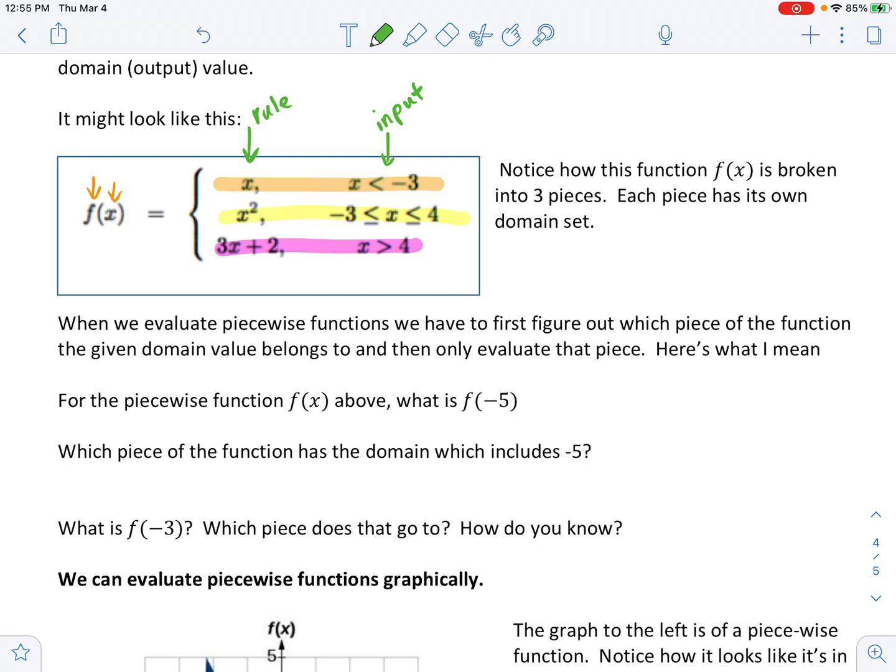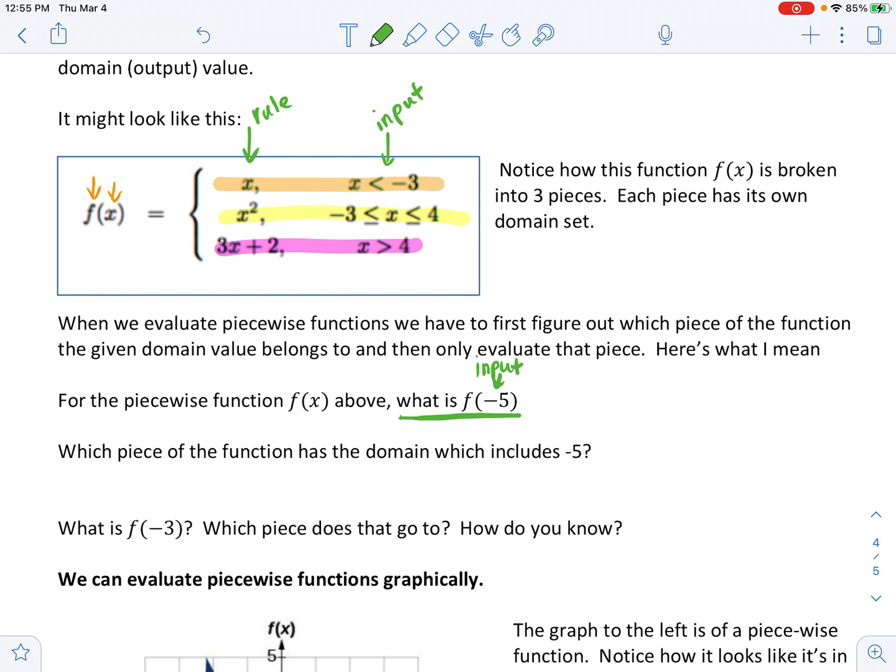Let's consider the piecewise function I have up above, f of x. What is f of -5? All right, so I'm telling you that the input value is -5. So we need to figure out which piece of this function has -5 as part of its domain.